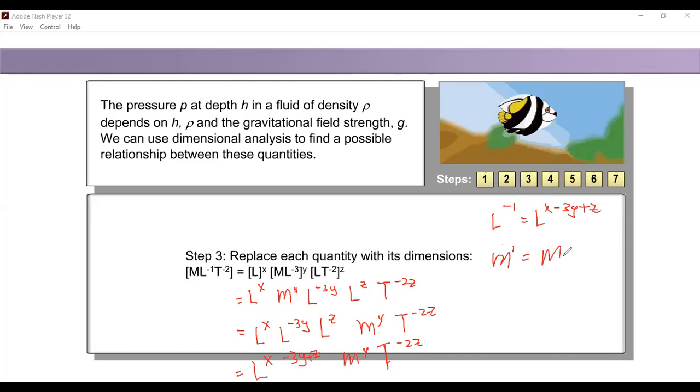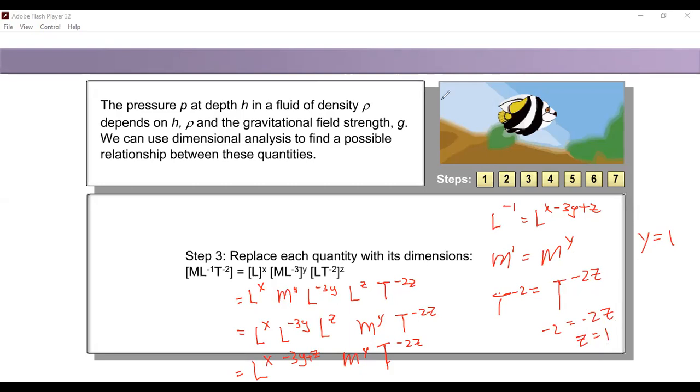This side M is Y. And this right side T is T, negative 2Z, and this left side T is equal to negative 2. Then we solve it. That means next, we notice that Y equals 1, right? Negative 2 equals negative 2Z. Z will be equal to 1 as well, correct or not?